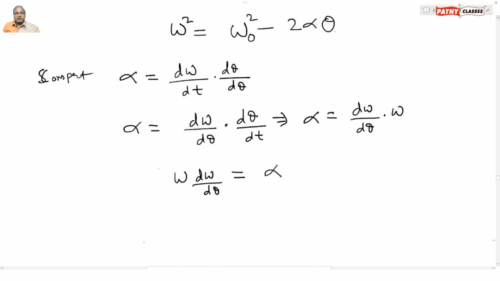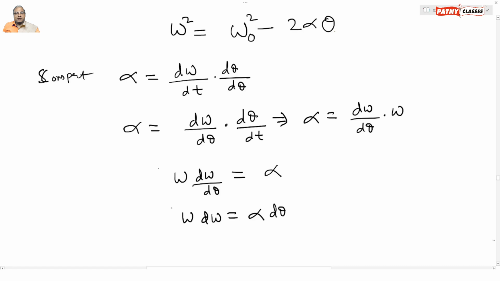Now it is a differential equation. This differential equation can be solved by using the method of variable separable. So this can be written as omega d omega equals alpha multiplied by d theta.